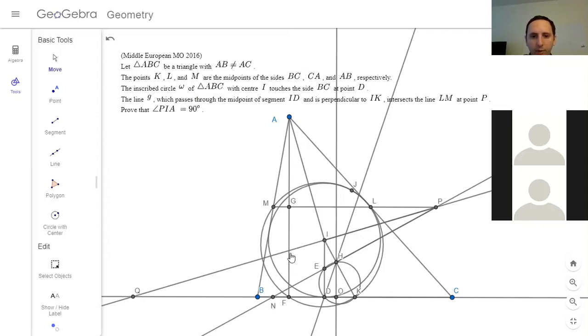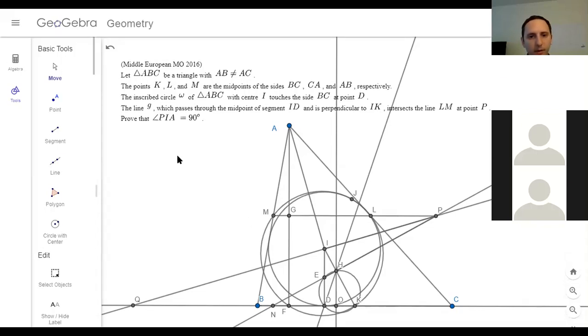We could also show that AIFQ is cyclic. But we don't know that yet. It might be just as hard, but can I also extend AI to BC? Yes.